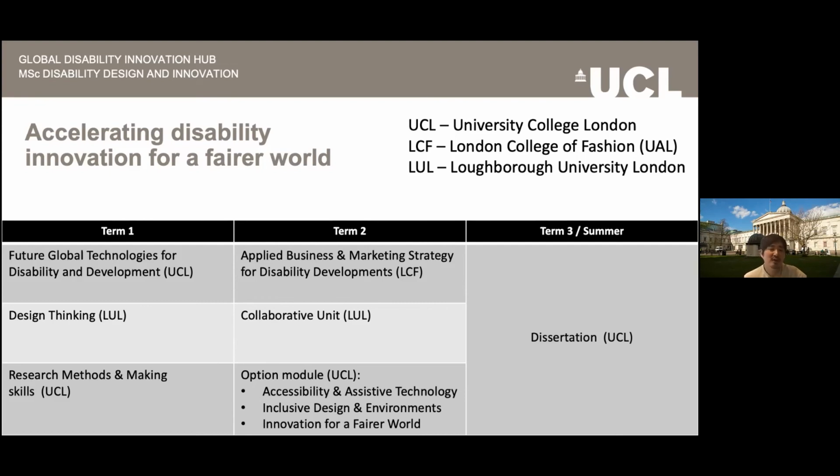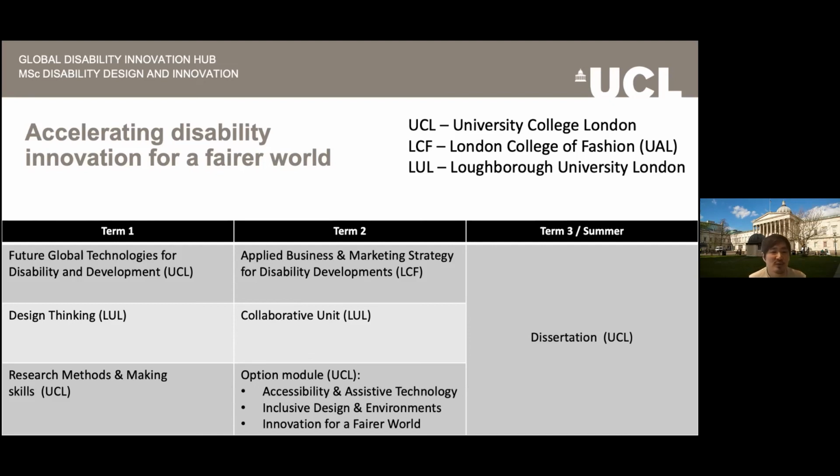UCL also offers three different optional modules. One is accessibility and assistive technology, led by Professor Cathy Holloway, and also inclusive design and environment, led by Ian, who contributed to the successful accessibility of the London Paralympic Game back in 2012.